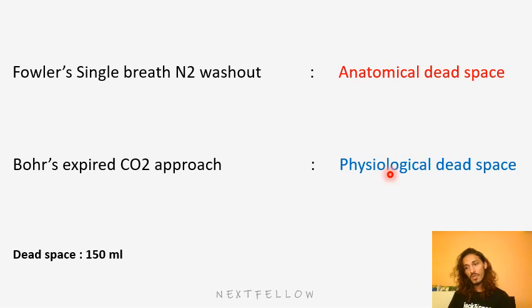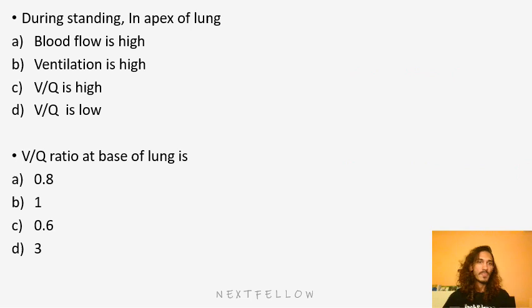Also, even if the RBCs there have fully taken up all the oxygen and there's not enough perfusion to take in more oxygen, that again leads to physiological dead space. So this is the difference between anatomical and physiological dead space. I explained this because in options, sometimes in true or false, this might come. So that is all you need to know about dead space.